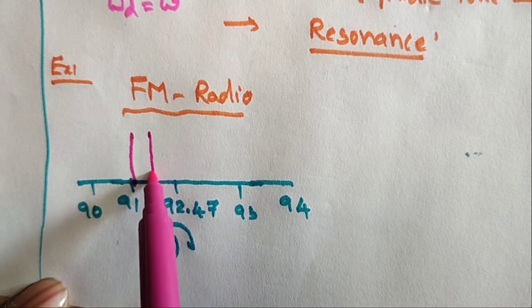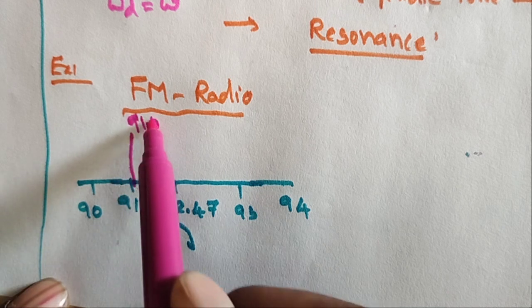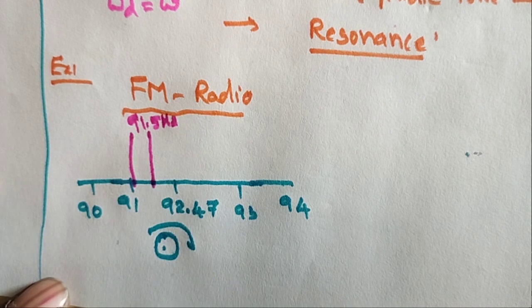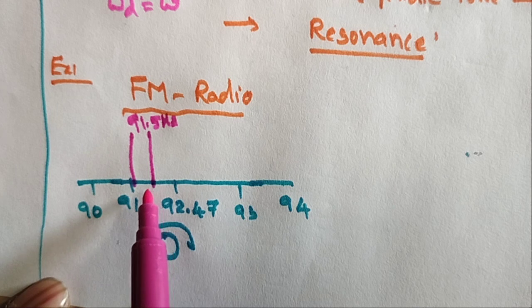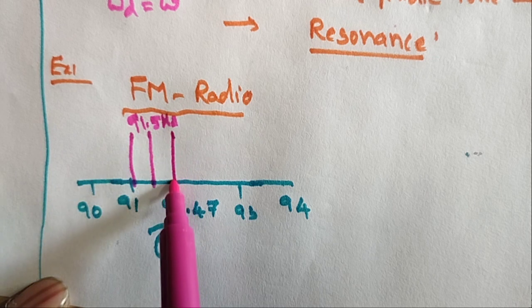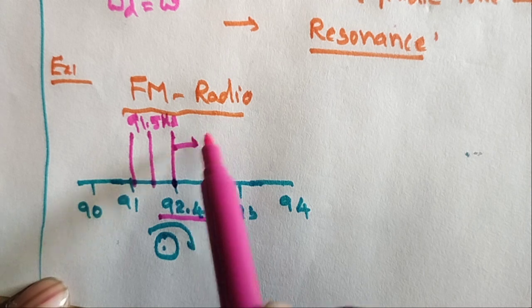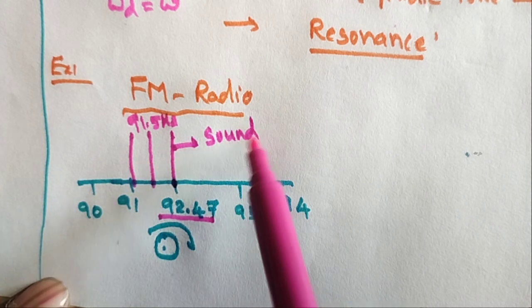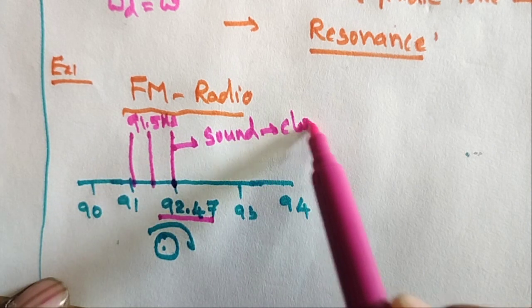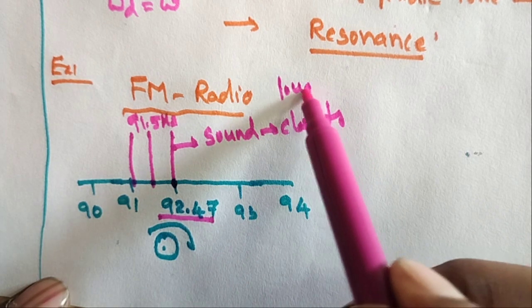At 91.5, when the button is set to 91.5, it gives sound but without clarity. When the frequency is set to exactly 92.47, what happens? The sound is very clear and very loud.